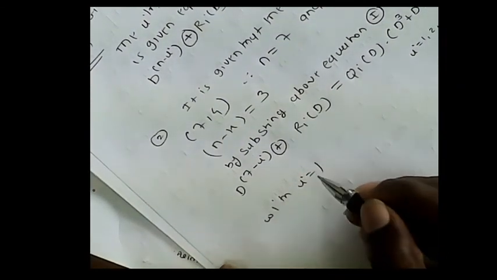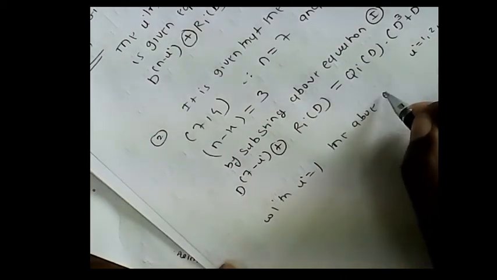So with i equal to 1, in the above equation we get d raised to power 6 XOR the remainder polynomial equals q of d into d cubed plus d plus 1.